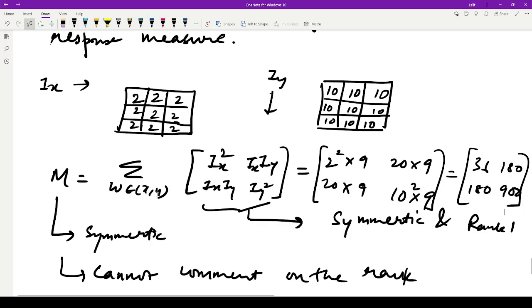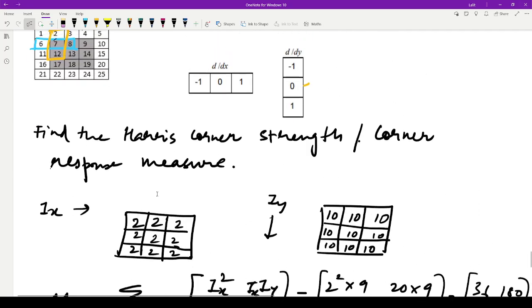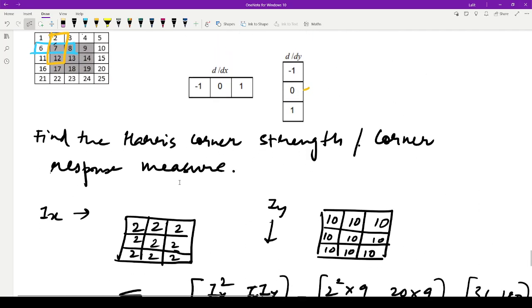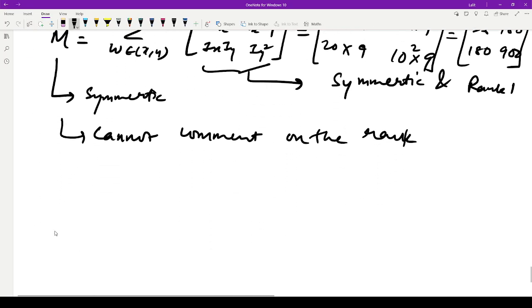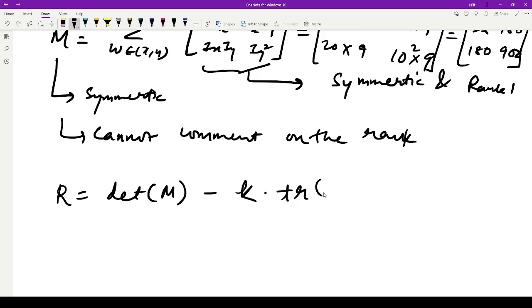Once you get this matrix M, what is the next step? You have to find the Harris corner strength or corner response measure. The corner response measure is given as R, which is determinant of M minus K times trace of M whole square.